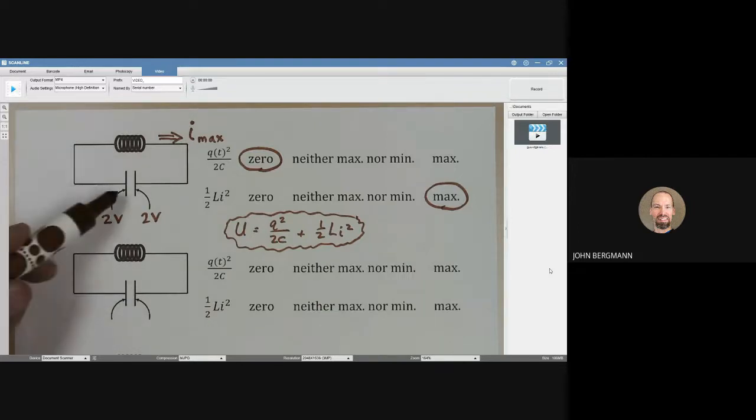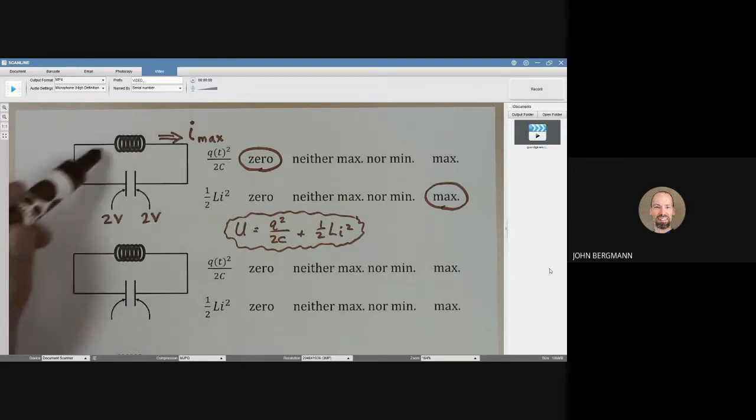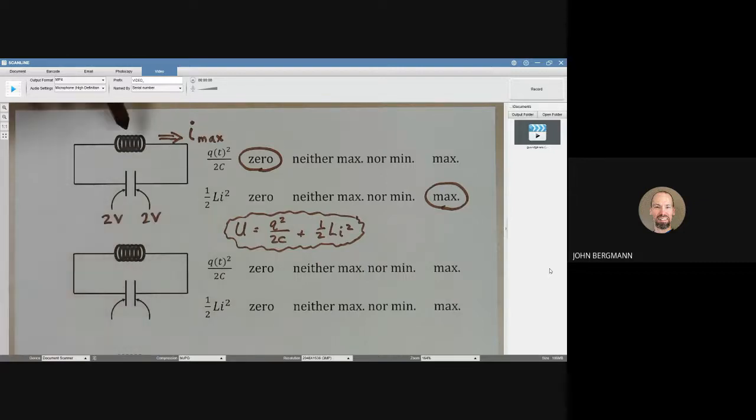So there's nothing really to continue pushing charge in the clockwise direction, but then the inductor says, wait a minute, now the current is going to start to drop off, and I don't like that. So it's going to release some of its energy to try to keep that current going.